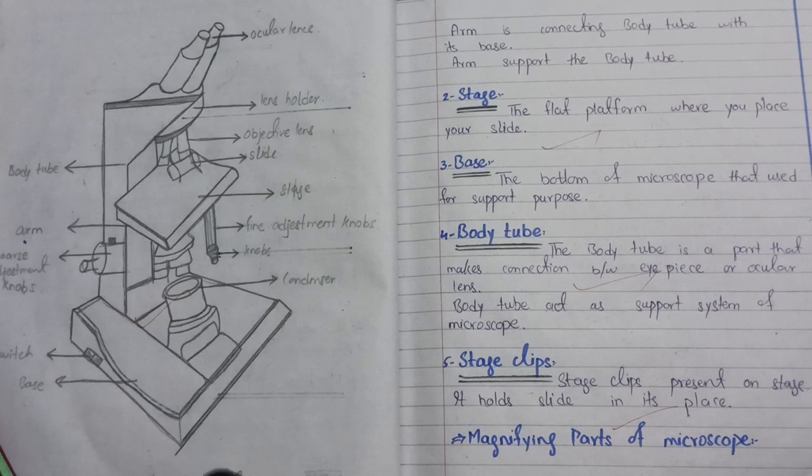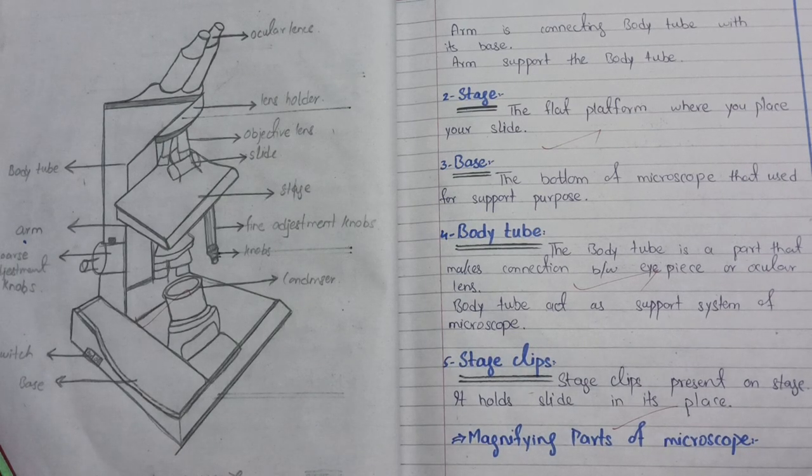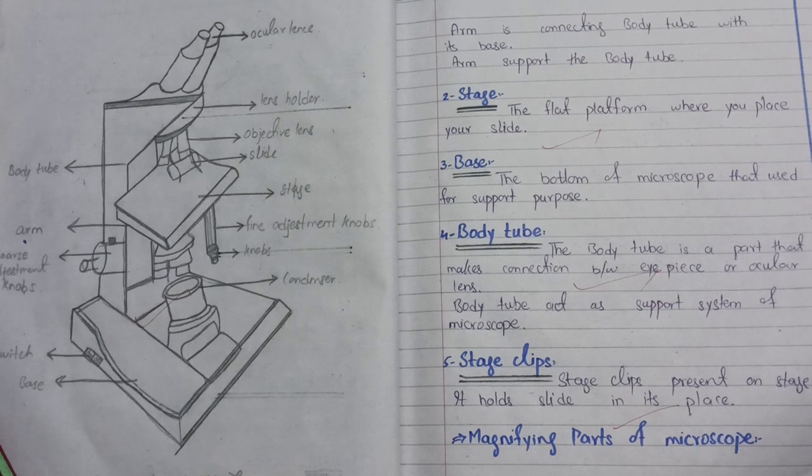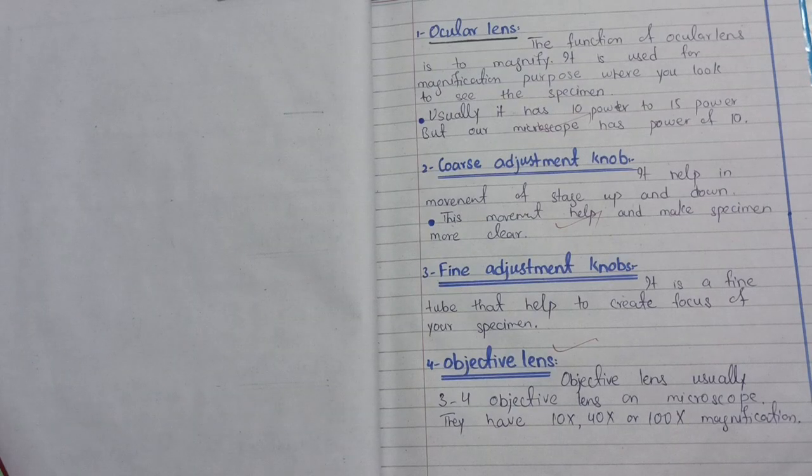So the next parts of the microscope are the magnifying parts. As their name indicates, these are the parts which are going to magnify small objects. Clearly these magnifying parts contain lenses, which are going to show the smallest objects. So now let's start with the magnifying parts of the microscope.